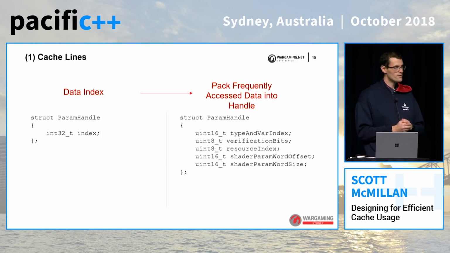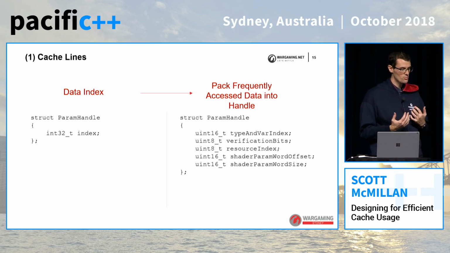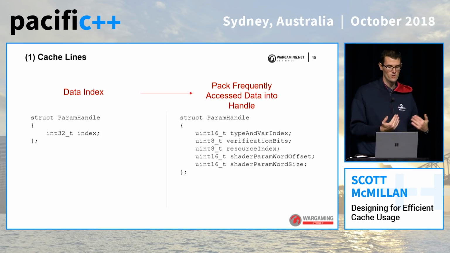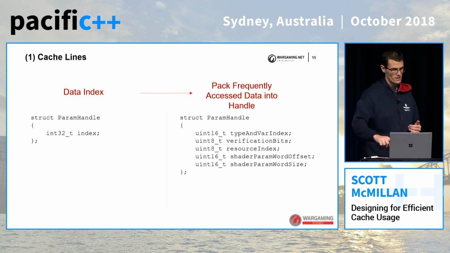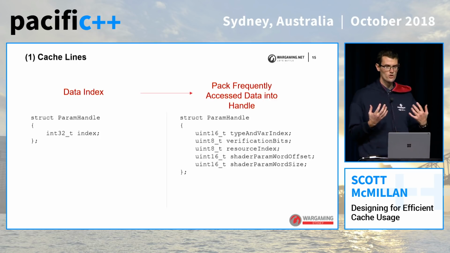This same data still has to exist within the effect system itself. But it seemed like a reasonable approach here, given that it's effectively read-only data, to copy it into another layout to make this high-frequency case more efficient. And what we saw here is that this made configuring new resources for graphics effects 10 times faster and configuring new variables for shader programs 3 times faster.